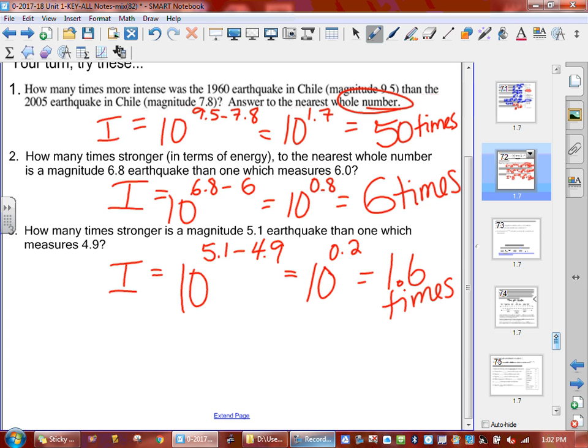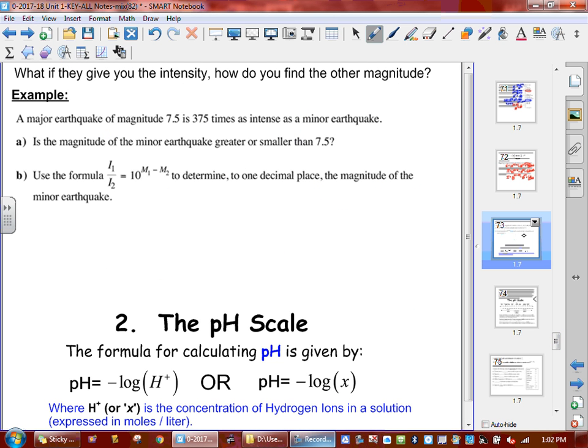Okay, moving on to the next one. So the next example, like I said, it is telling us how many times as intense. So it's telling us how much stronger it is. So when your intensity is greater than 1, you will always set it up like this. You are going to set it up as 10 exponent number subtract x.